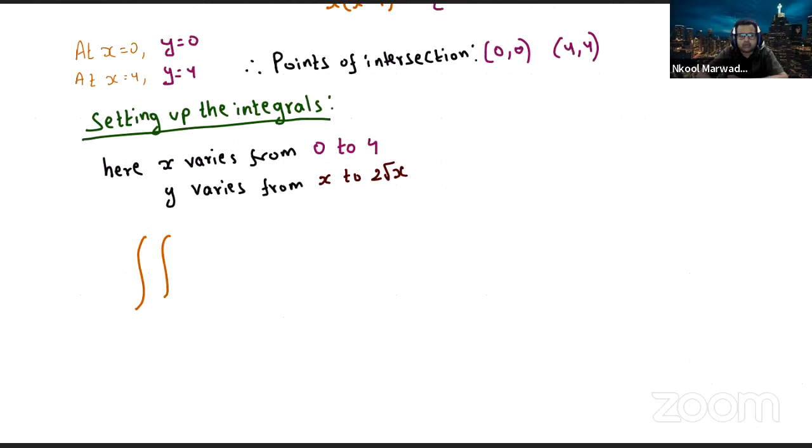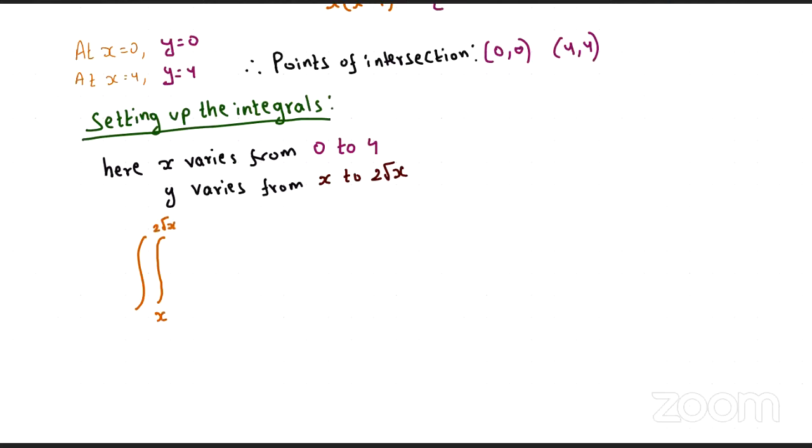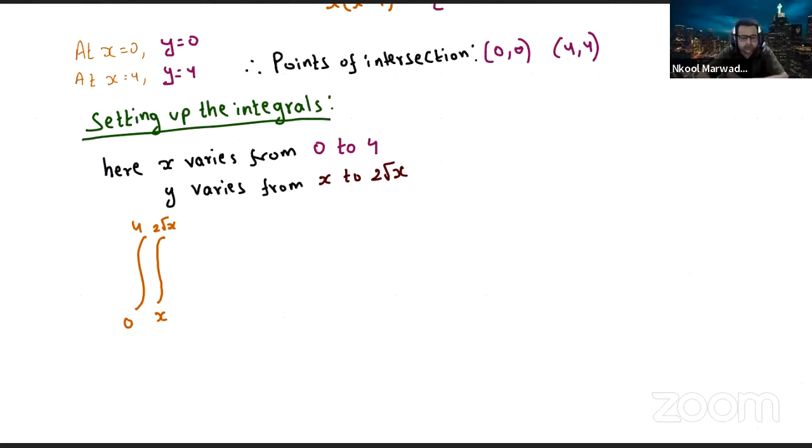If we are taking the vertical strip, then we have to first integrate with respect to y. So the limits will be x to 2 root x. So y is equal to x to 2 root x and x is equal to 0 to 4, and the function given is x square plus y square.